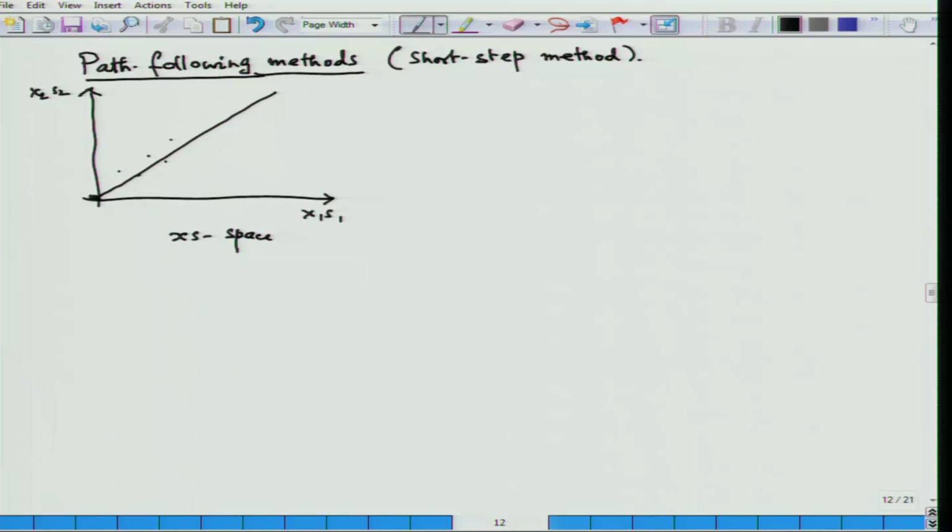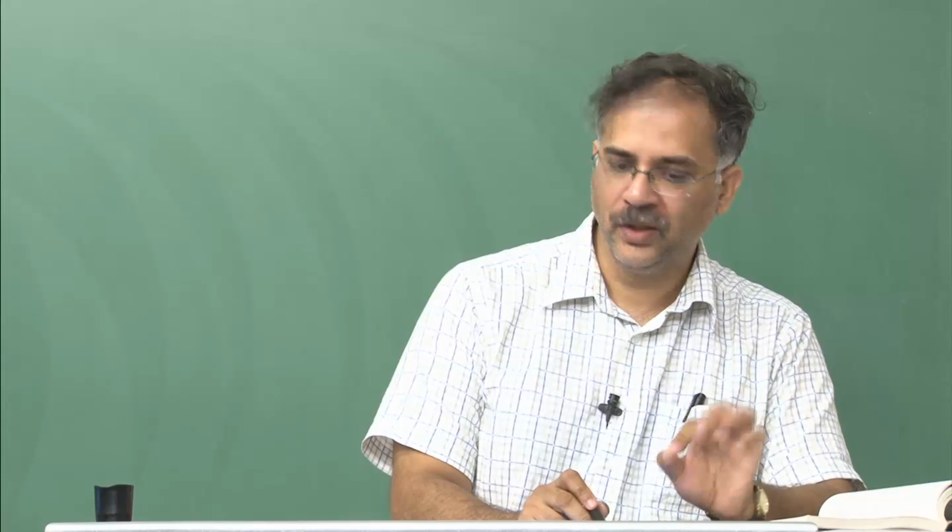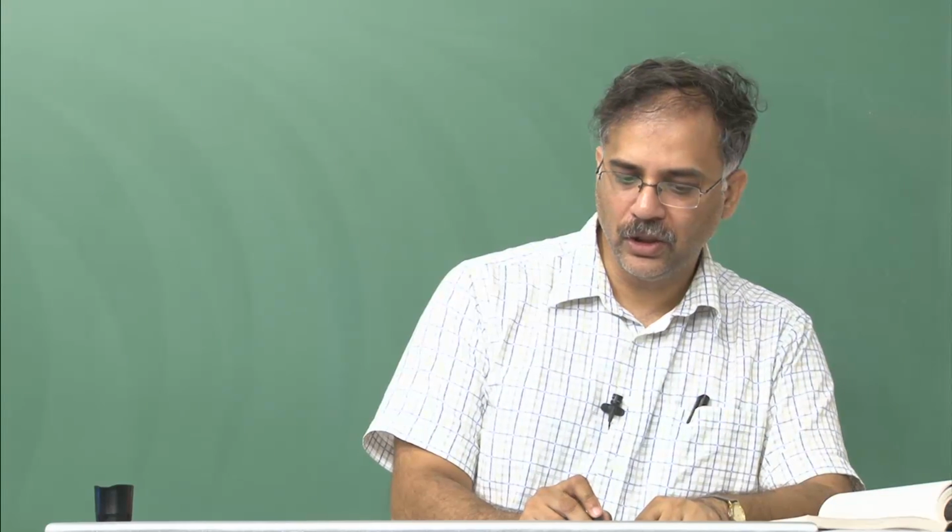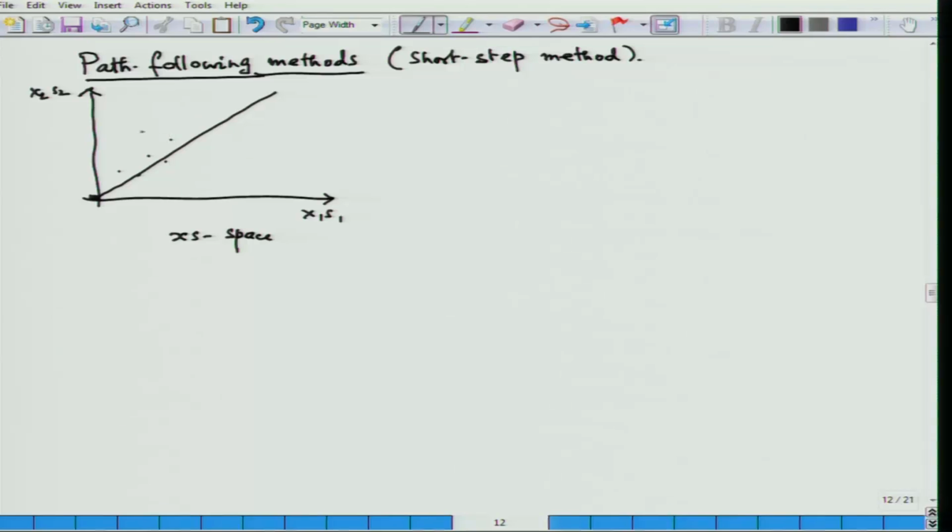But we cannot allow these points to wander off too much, that is, we cannot allow these points to come near the boundary where x1 s1 or x2 s2 can drop to 0. You cannot allow the points to come away too far from the interior and more towards the boundary. That is what the barrier does, it stops you from going to the boundary.